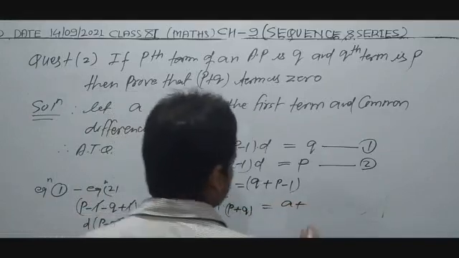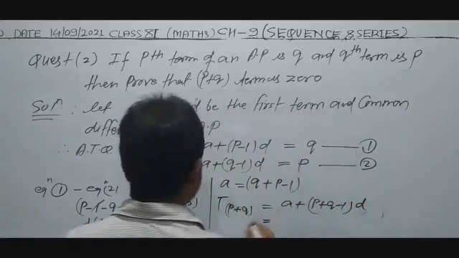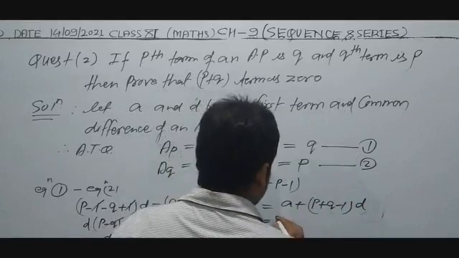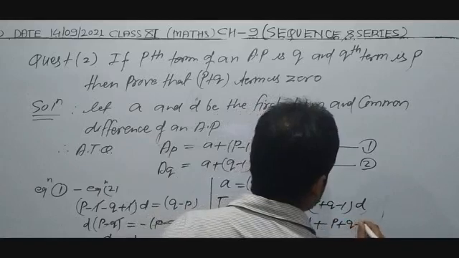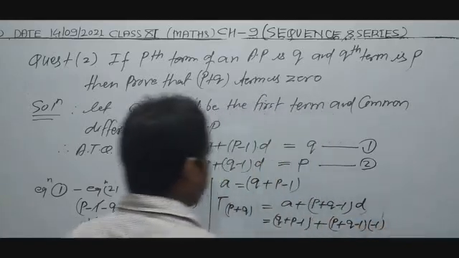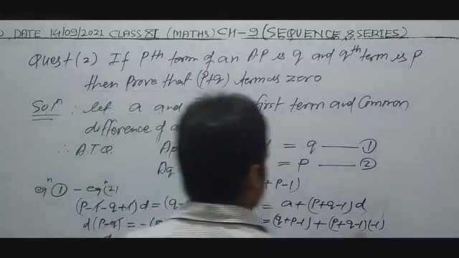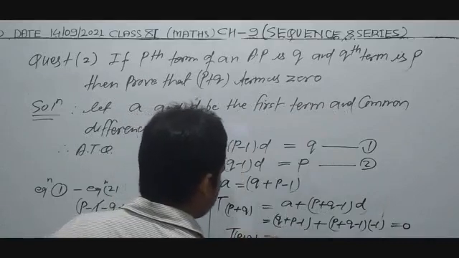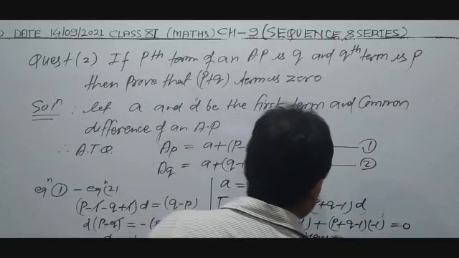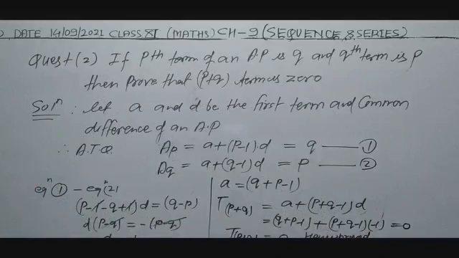So result will be A plus P plus Q minus 1 into D, and A is Q plus P minus 1 plus P plus Q minus 1 into minus 1. So all terms will cancel out, P minus P will cancel out, Q minus Q will cancel out, and minus 1 and plus 1 will cancel out. So the result you will get is 0. So T of P plus Q is equal to 0. Hence proved.